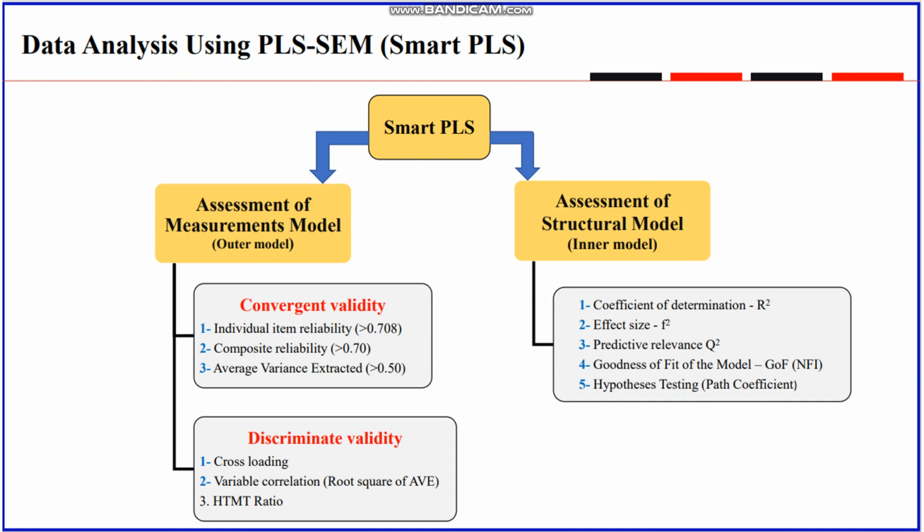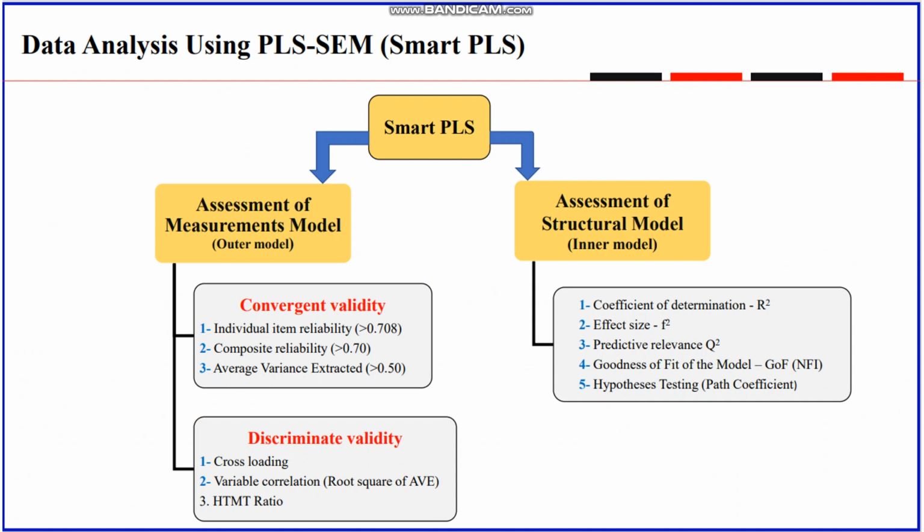So to assess the convergent validity of a particular construct, we have individual item reliability, and the threshold value is greater than 0.708. And the composite reliability of a particular construct should be greater than 0.70, and average variance extracted should be greater than 0.50.